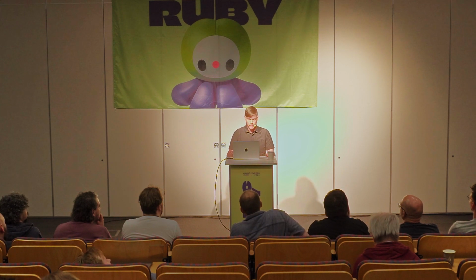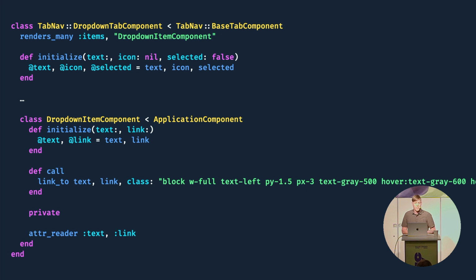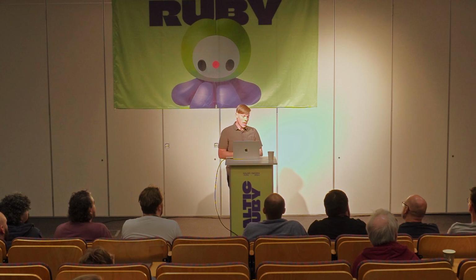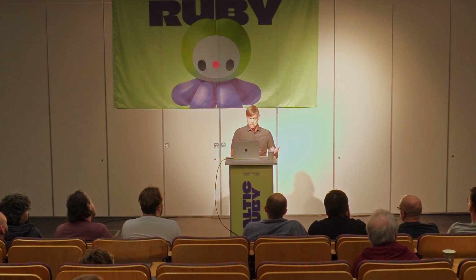And so here's why. With ViewComponents, we get real class names, not just file names, to give us a common vocabulary for UI elements, both for other developers as well as designers. We have clear and enforceable interfaces with arguments and slots. We can improve clarity by extracting attributes and logic into instance methods, just like we would in any Ruby class.